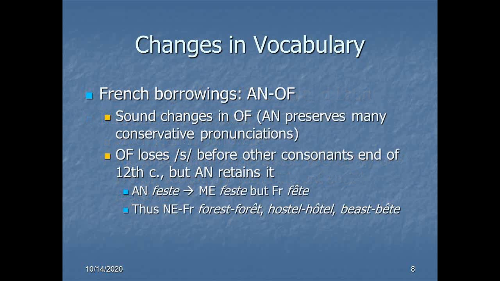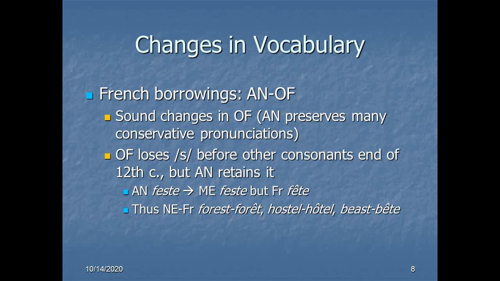One interesting facet of English borrowing from French is that we can often tell, relative to how it's pronounced, when a word came from French into English. And the reason for this is that Old French, of course, was undergoing its own sound changes. Every language is always in a state of flux, every living language anyways, as of course was Anglo-Norman.